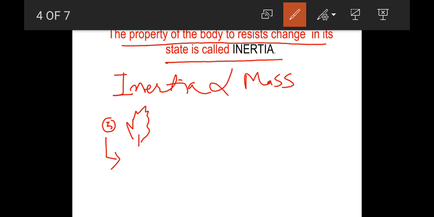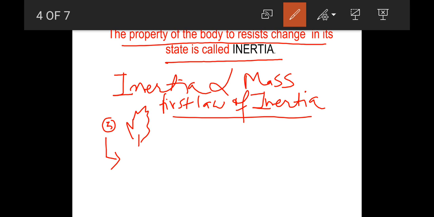Okay. So Newton's first law of motion is also known as the first law of inertia, and there are very beautiful examples of this inertia in our everyday life. You'll be amazed to see.